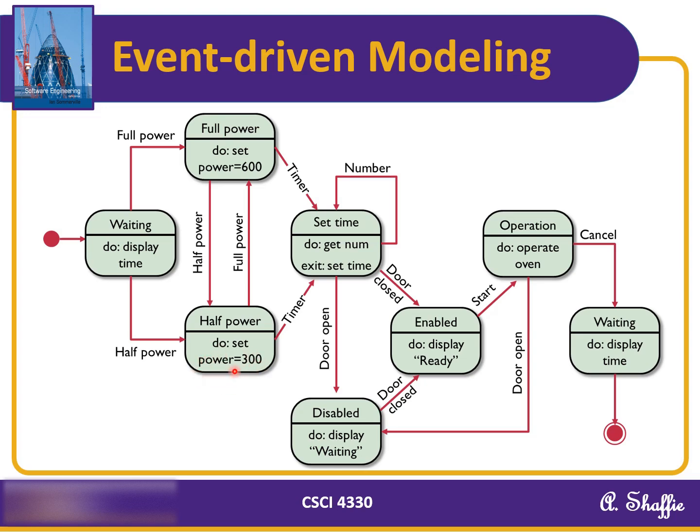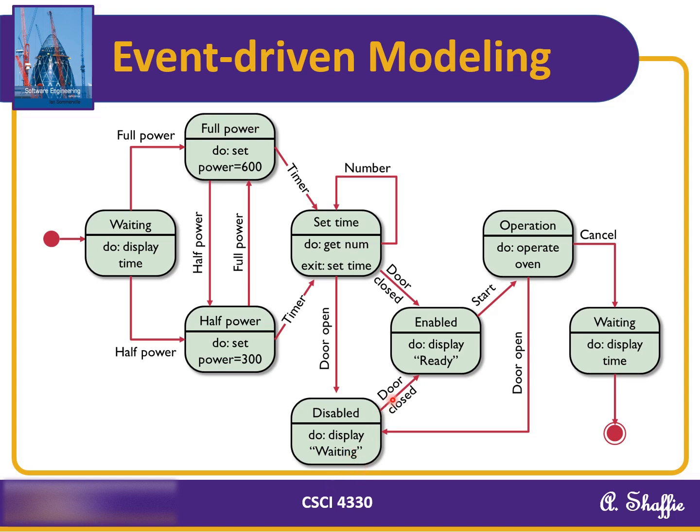If you are in one of these states and the user presses the numeric pad to set the timer, that changes the state to a set time state. If the door is opened during this process, the system will transition to a disabled state, where it will stay until the door is closed.